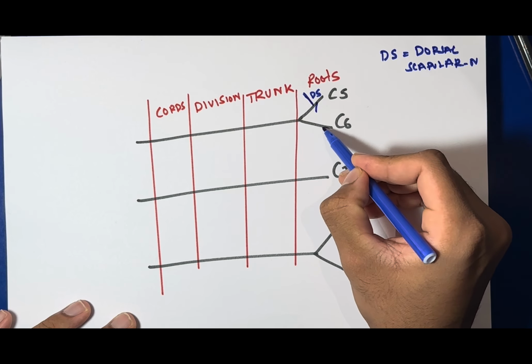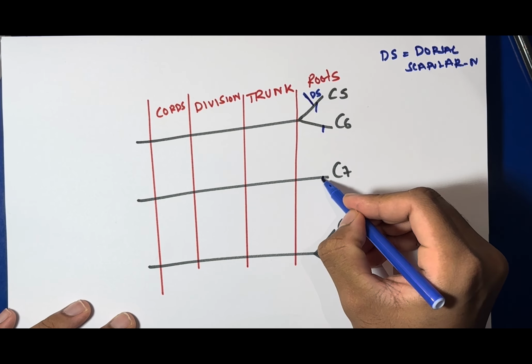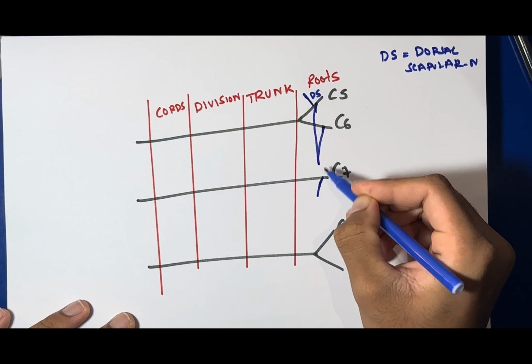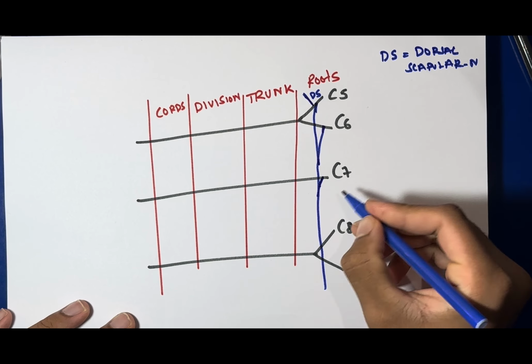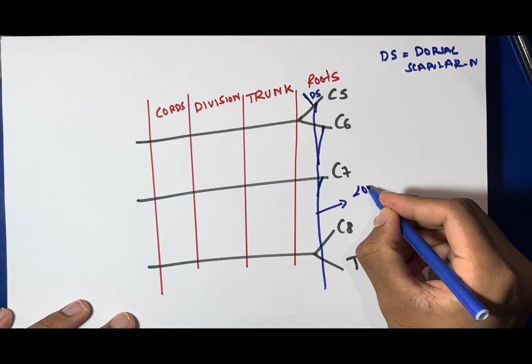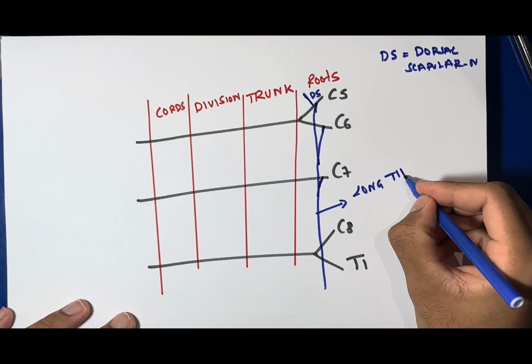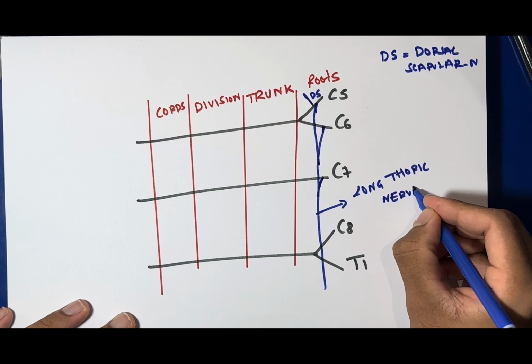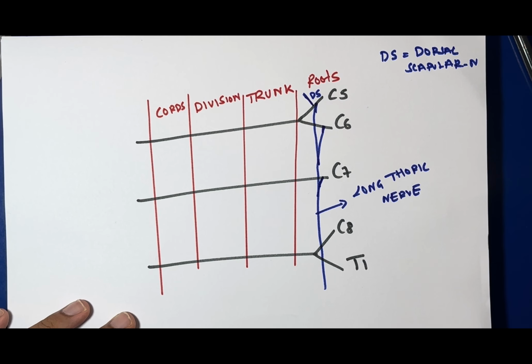Then 3 points you make here. Okay. Now connect those 3 points. Extend it. This is nothing but your long thoracic nerve. Very important nerve, supplies your serratus anterior muscle.